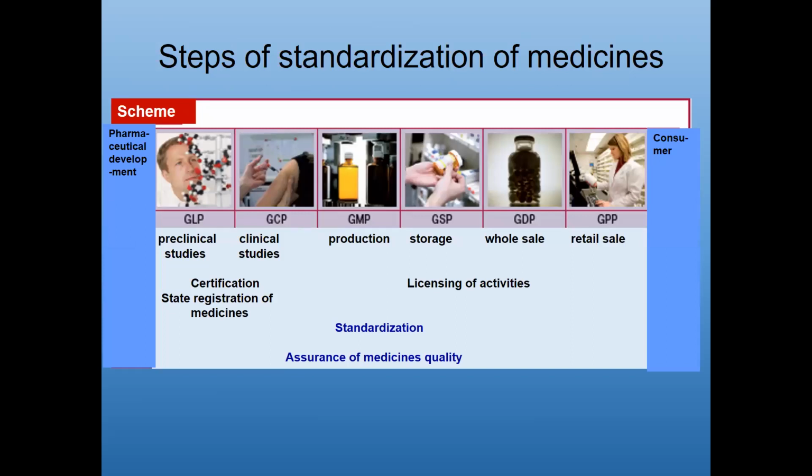You can see the steps of standardization of medicines: pharmaceutical development, preclinical studies, clinical studies, production, storage, wholesale, retail sale, consumer.